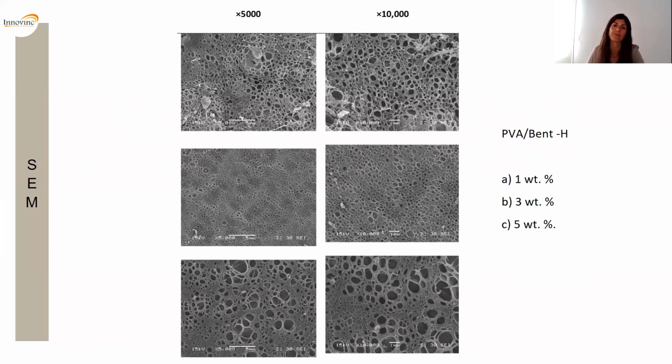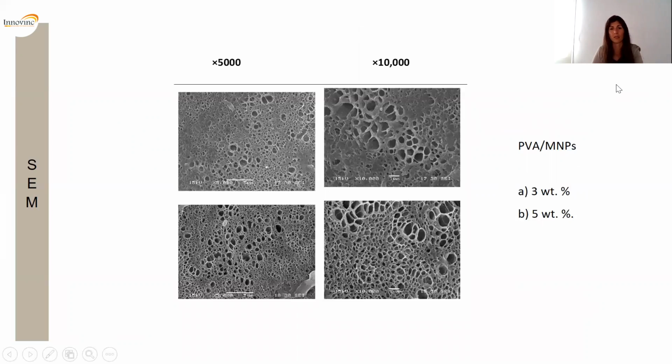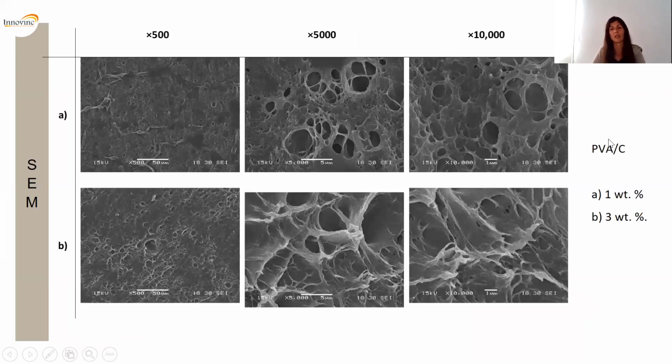We can see that we have well-defined pores, well distributed among all the samples. Here we have the magnetic nanoparticle-containing materials, and we also have well-established pores and a good distribution of them. And finally, we have these carbonaceous material-containing composite hydrogels. We have larger pores, but they are not well distributed.